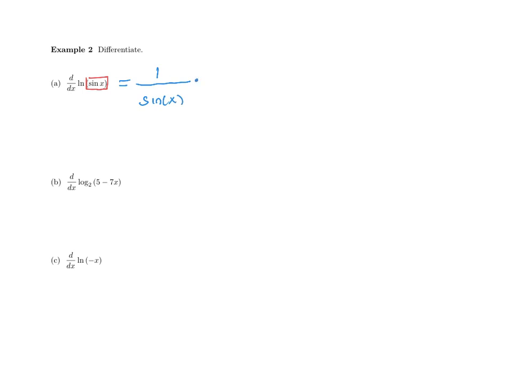But by the chain rule, we have to multiply by the derivative of sine, which is cosine. Unsimplified, this is the answer. However, you can write this as cosine of x over sine of x. And by definition, cosine over sine is cotangent. So we could leave it like that, but this answer is fine too if you're leaving things unsimplified.